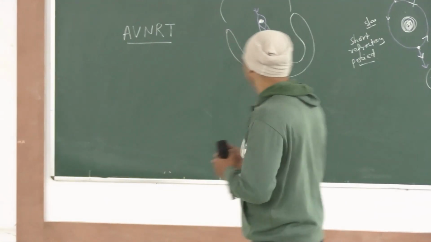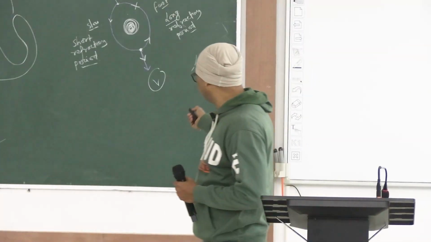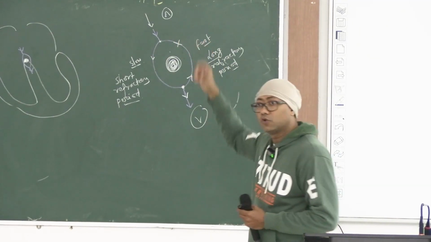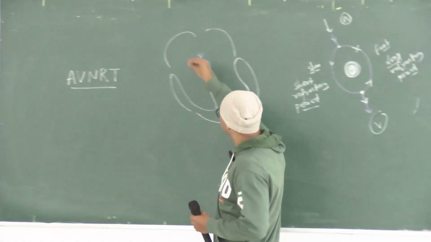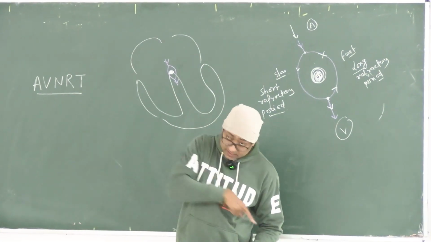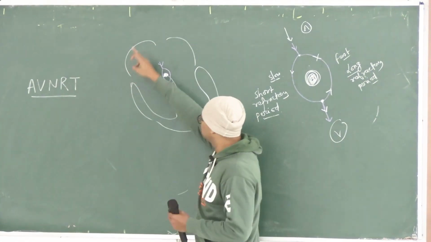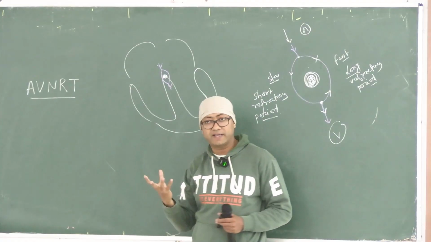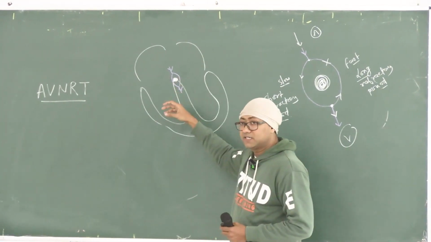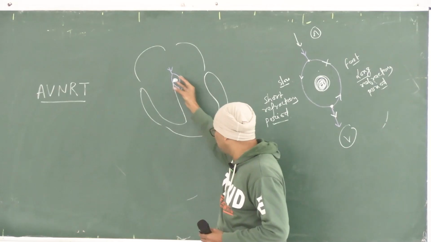But as you know, the atria are depolarized from below upwards. Normally, the atria are depolarized from the SA node in this direction, okay. But in the presence of AVNRT, the atria are depolarized from below upwards.